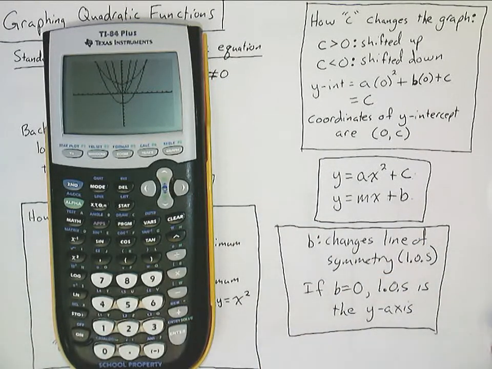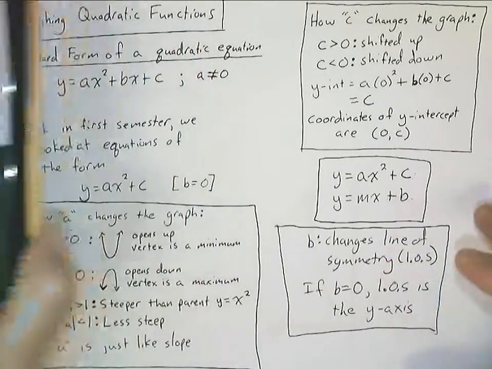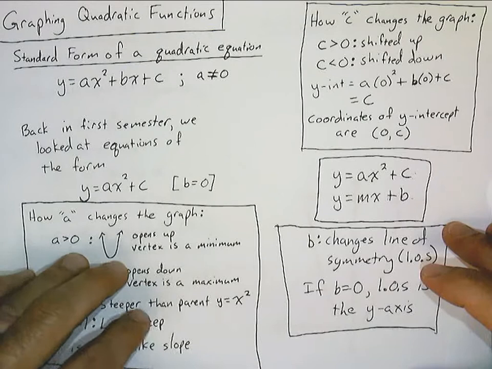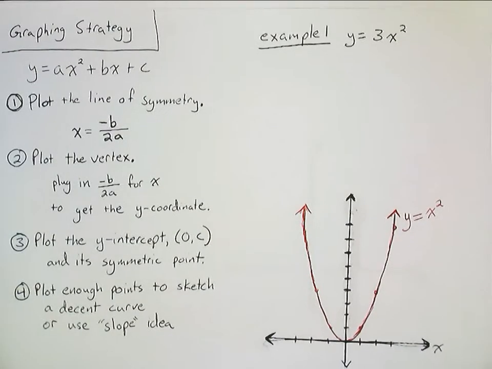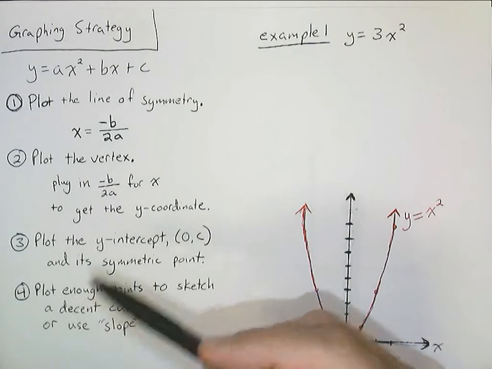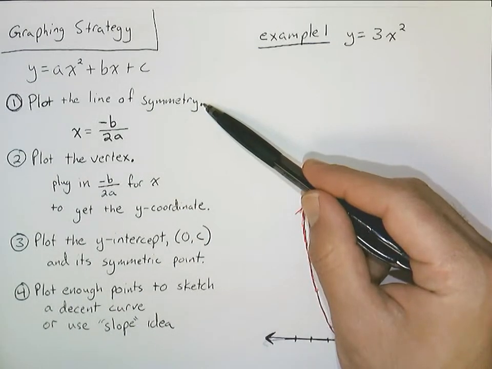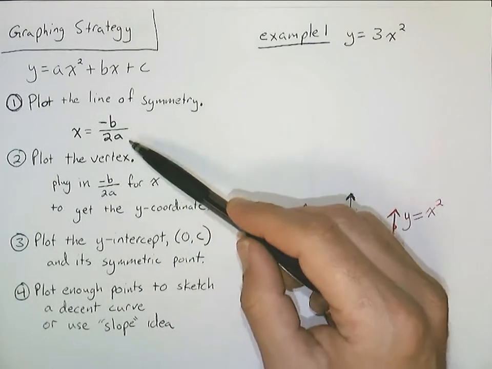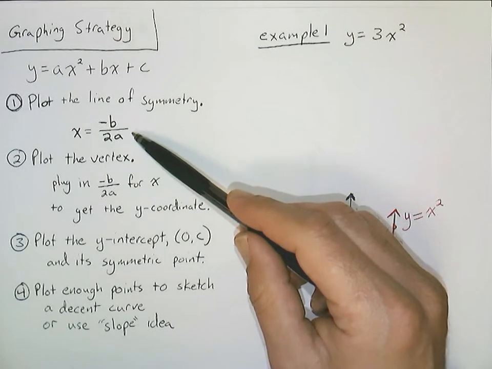Okay, so let's work through a couple of examples about how to graph these things. But first, we're going to have a basic strategy. So the first thing we want to do when we're graphing these quadratic equations or quadratic functions is we need to plot that line of symmetry. And luckily there is a formula for finding that line of symmetry, and it's given right here.